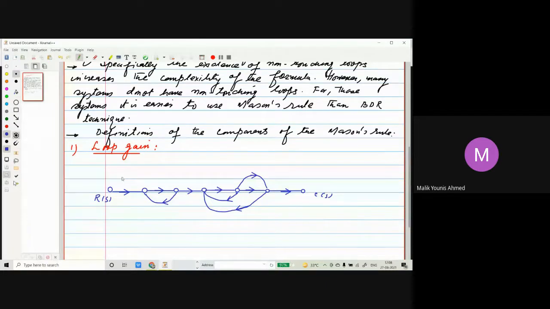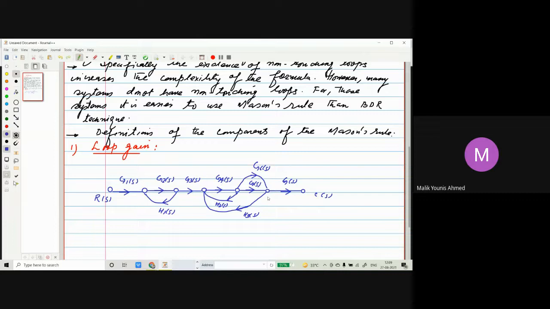Let's say this transfer function is G1(s), this is G2(s), this is G3(s), this is G4(s), then this is G5(s), then this is G6(s), this is G7(s), and this is H1(s), and this is H2(s), this is H3(s).